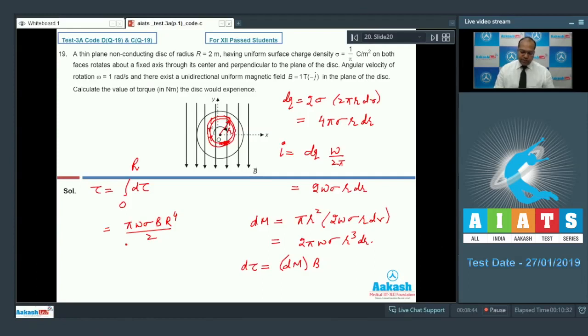If I substitute the data, then the value of this torque comes out to be 8 Newton meter. So the correct answer for question number 19 is 8.